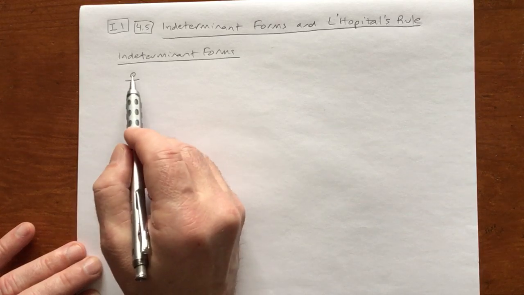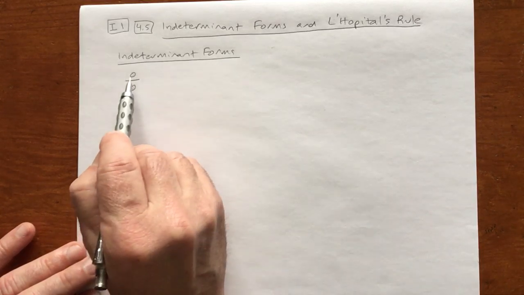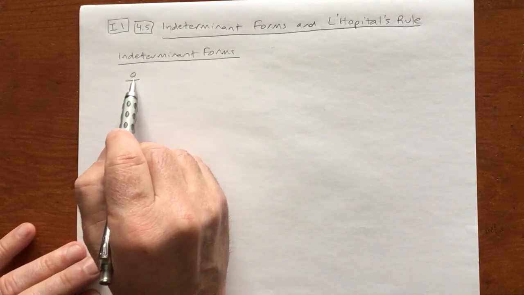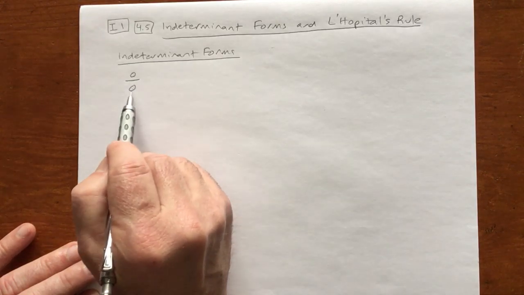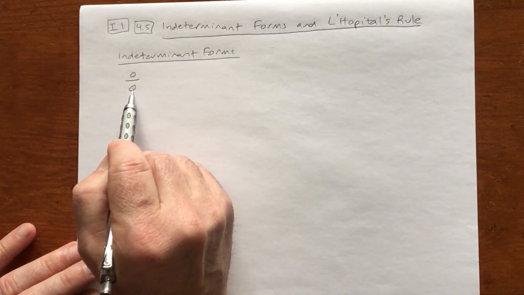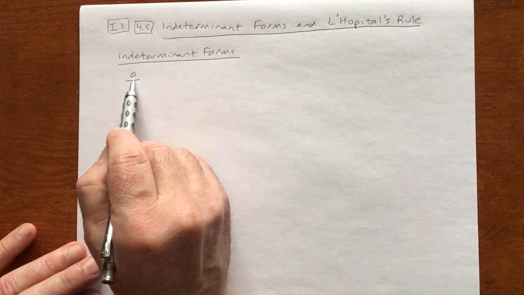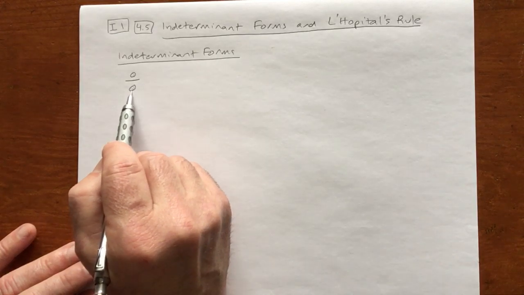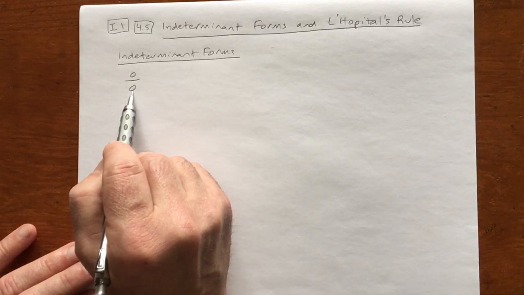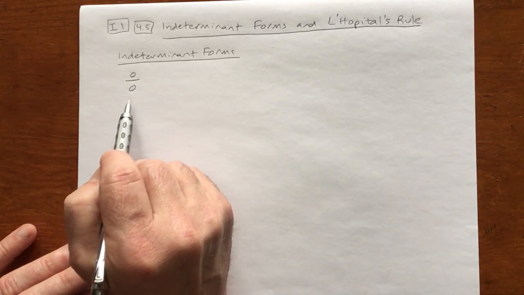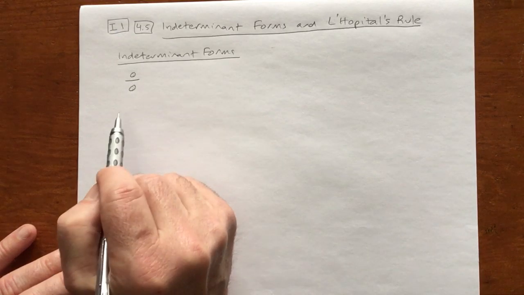But what we have to think about is how quickly is the top approaching 0 relative to how quickly the bottom is approaching 0. For instance, if the top gets close to 0 very, very quickly, and the bottom part of the function approaches 0 very, very slowly, the bottom of the function will end up being bigger than the top. And in that case, this would end up equaling 0.